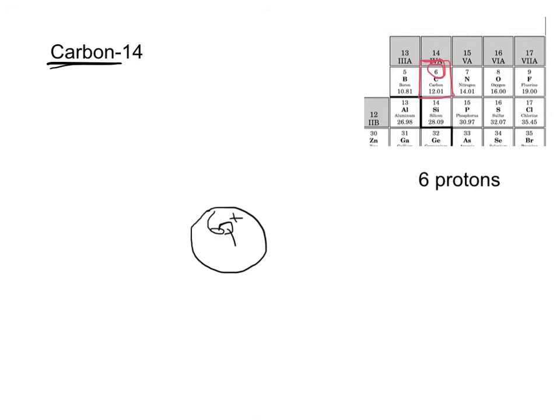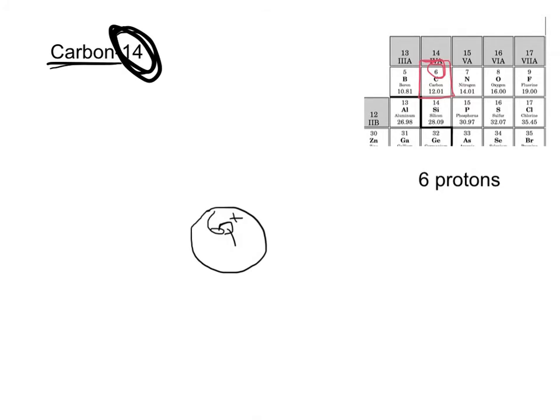Next, we need to find the number of neutrons in the nucleus. Well, the atomic mass of carbon-14 is 14, which means that the number of protons plus the number of neutrons has to equal 14. So we have 6 protons. What plus 6 will give us 14?